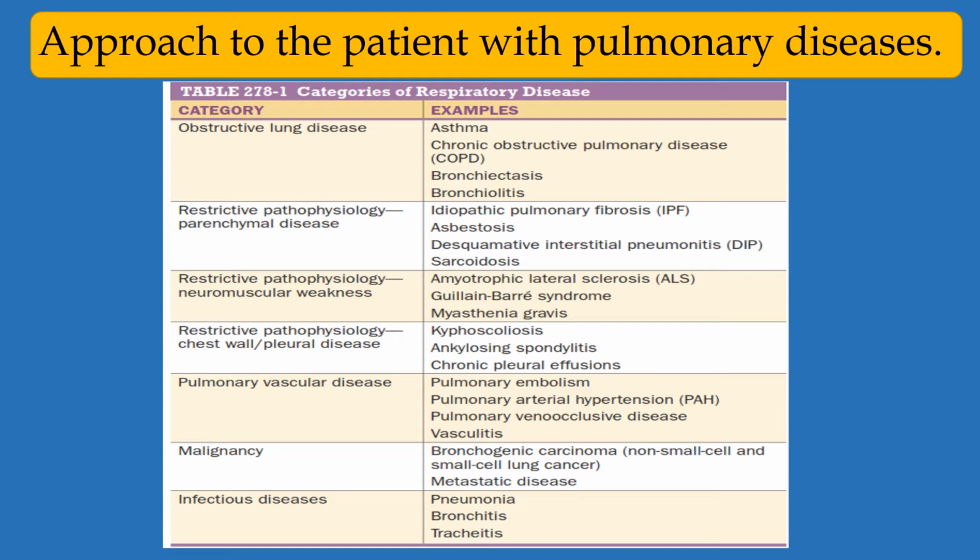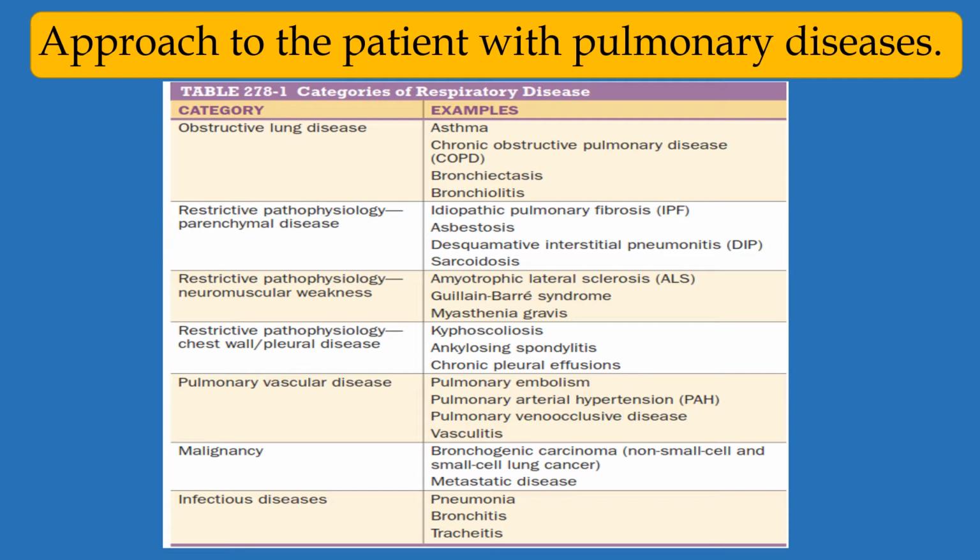Here we have pulmonary vascular disease, which includes pulmonary embolism, pulmonary arterial hypertension, pulmonary veno-occlusive disease, and vasculitis. Malignant diseases include bronchogenic carcinoma, which means non-small cell and small cell lung cancers, and metastatic disease.